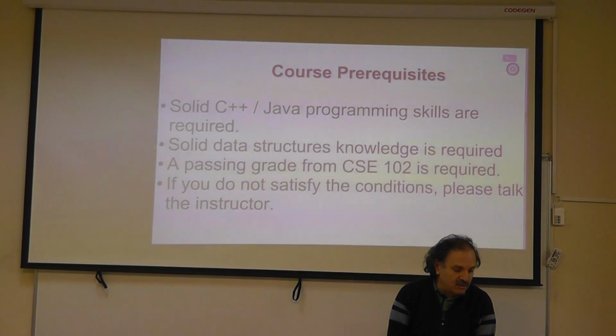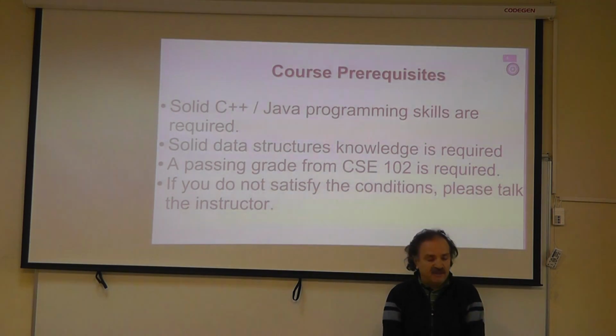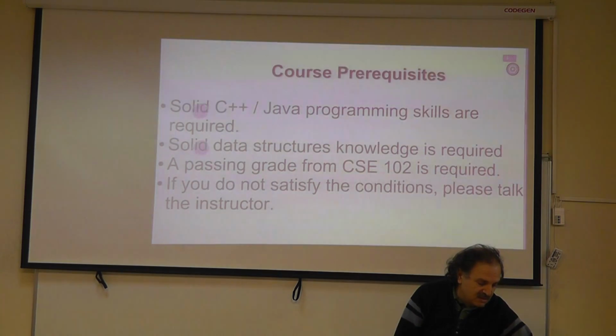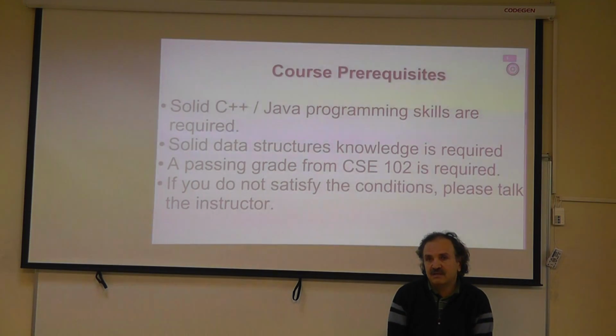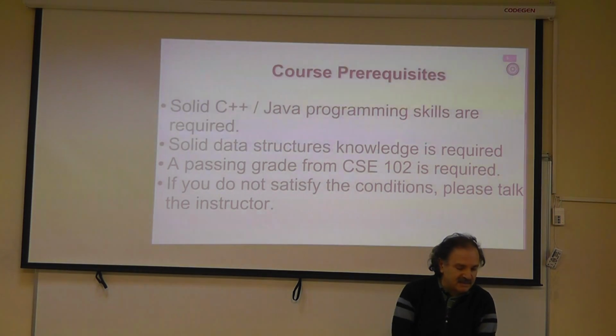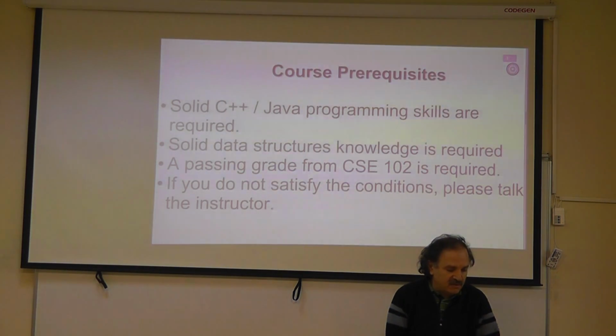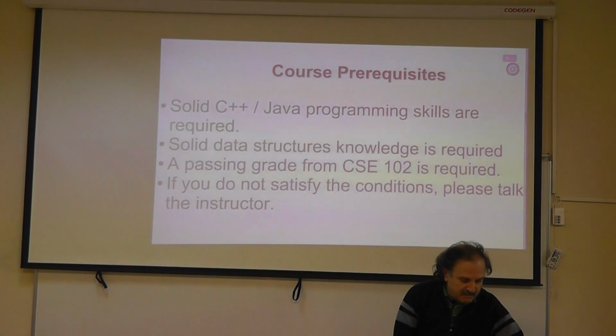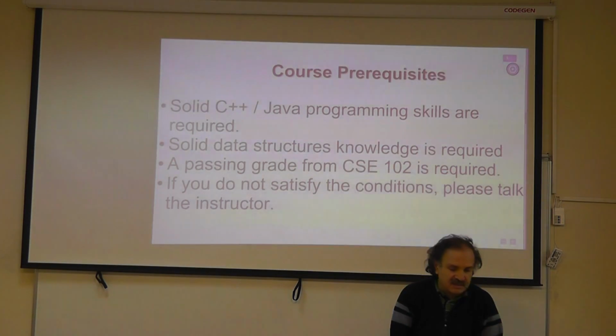So if you don't know how to write parts of an operating system using this knowledge, then you are not going to learn this class very well. And that will be kind of a waste of your time, a waste of your resources. So drop this course, take something else, and next year when you get passing grades from these classes, then take this class afterwards. Okay, any questions so far?